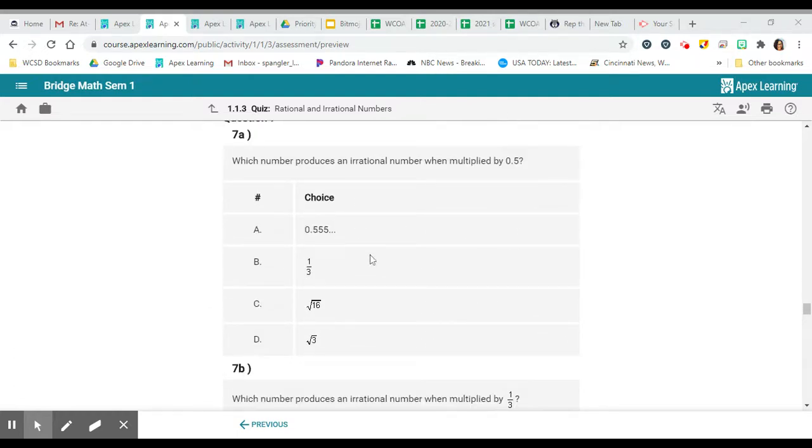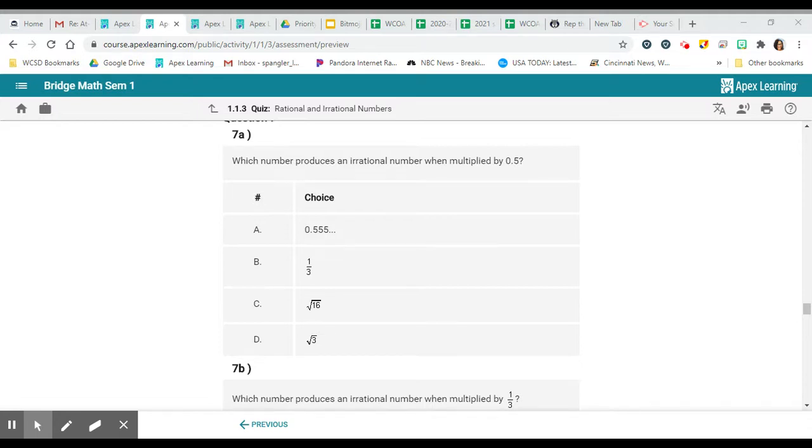Number 7, which number produces an irrational number when multiplied by 0.5? This is also on your study guide on page number 3. Your study guide tells you the product of a rational number and an irrational number is an irrational number. So we would have to choose which number on here is an irrational number, because 0.5 is rational.